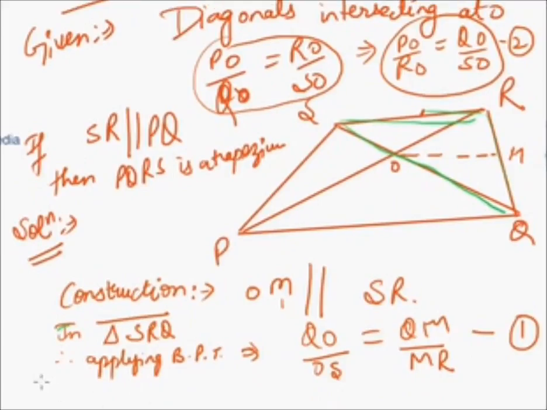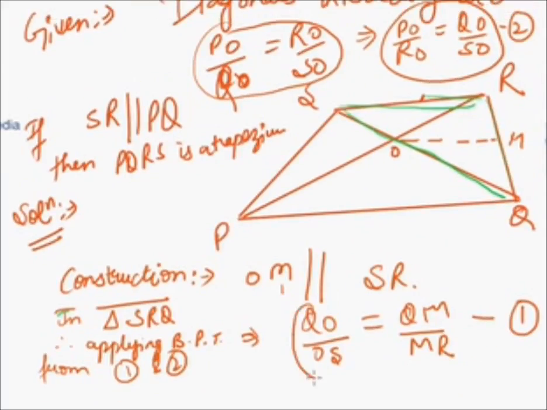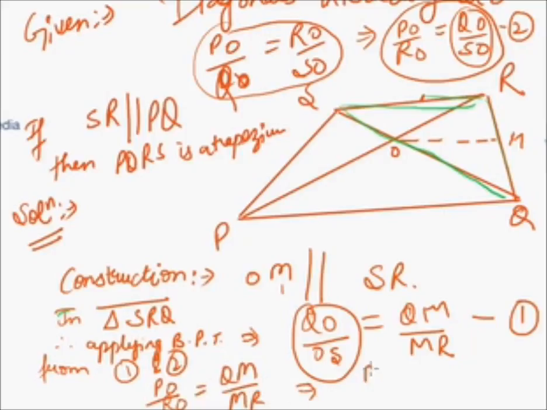So from 1 and 2 we have, since they are having QO and OS or SO common in both the equations, so we can say that PO over RO is equal to QM over MR, or PO over OR equal to QM over MR.